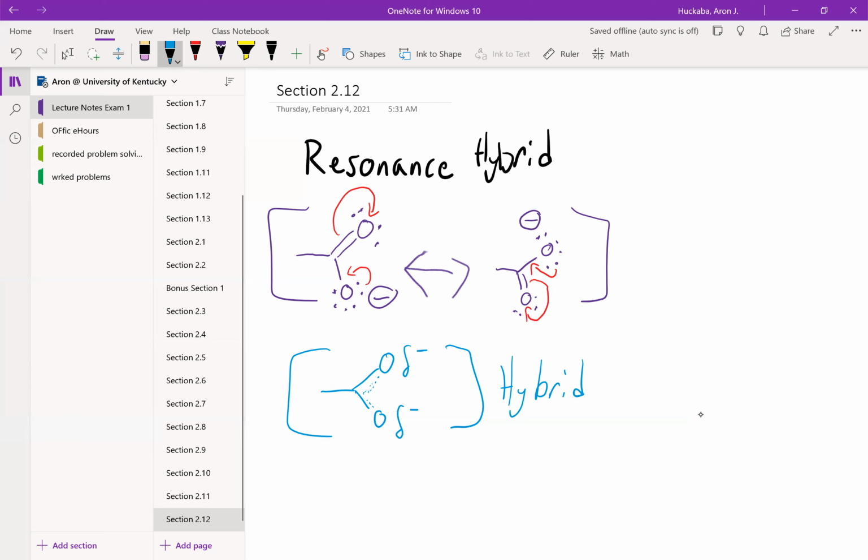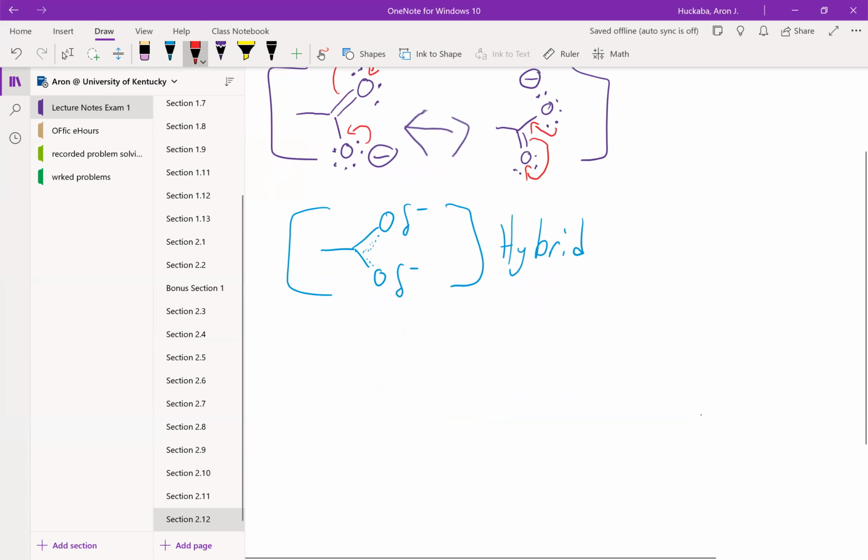And with these resonance hybrids, you can use this for a large amount of functional groups. For instance, one more we can do is a classic example.